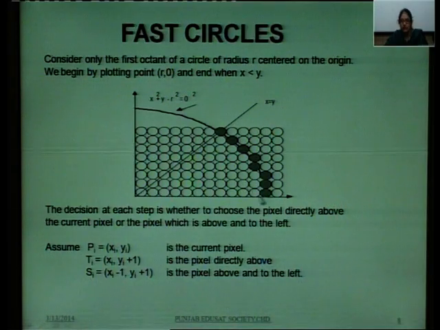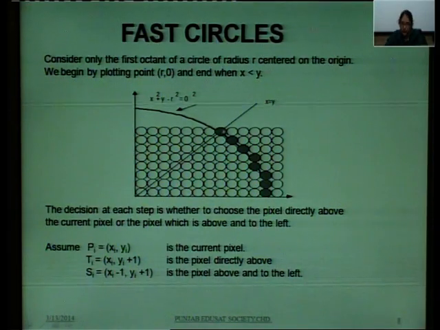We start from the point r, 0, we proceed until we reach the point when x is less than y. So, the decision at each step is whether to choose the pixel directly above the current pixel or the pixel which is above and to the left.